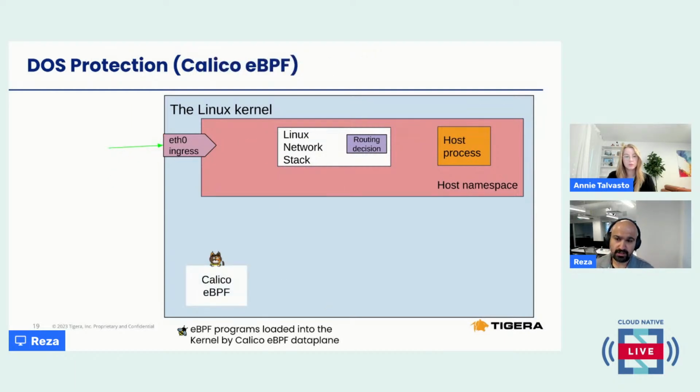Now, to minimize the impact of such an attack, you can leverage eBPF. So, for instance, Calico eBPF and its XDP integration in such a scenario allows you to create policies that can inject XDP programs to intercept these packets at the earliest point of entry.